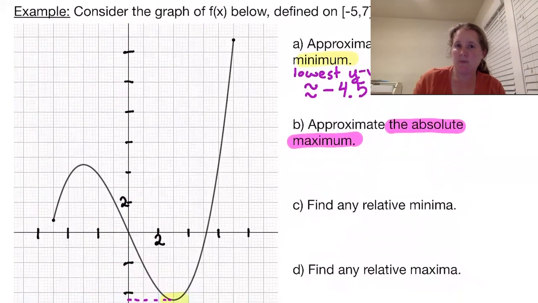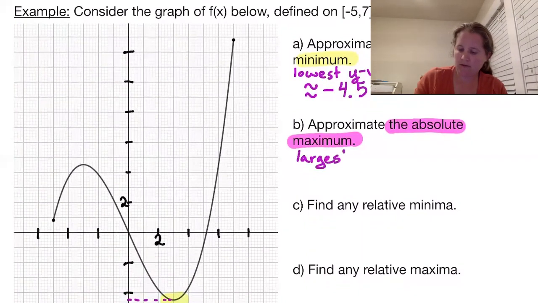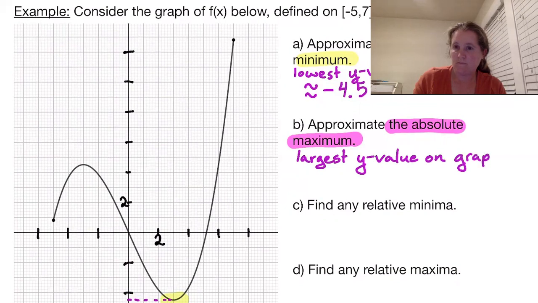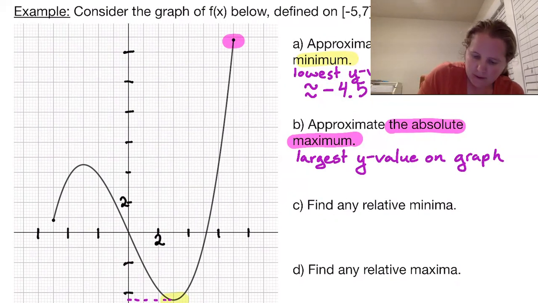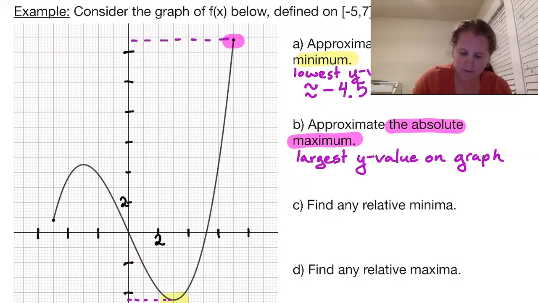The absolute maximum will be the largest y value on the graph. So in this case, the highest we go is that point at the end right there. And again, if we track that point, that's at about 12.8.